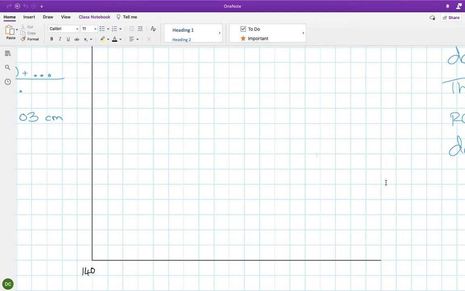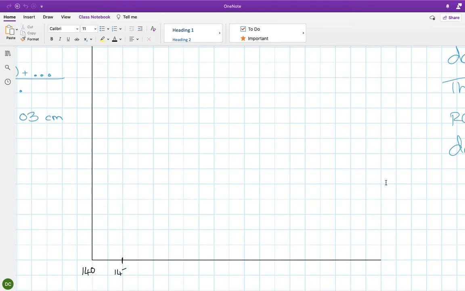So this is 145, then 150, 155, 160, 165, 170, 175, 180. And that's the height.